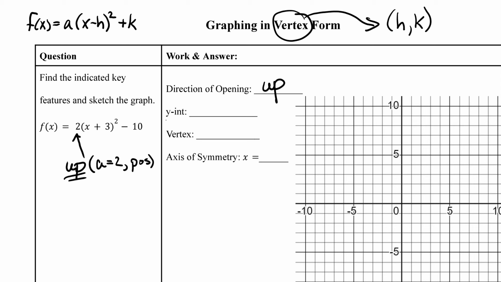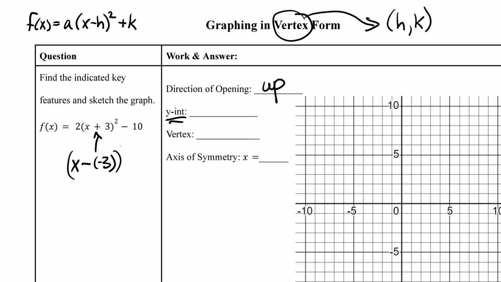The y-intercept, let's come back to that. First, let's get the vertex. As I had mentioned, because this is plus, you can also rewrite it as x minus negative 3. X minus negative 3 is the same as x plus 3.